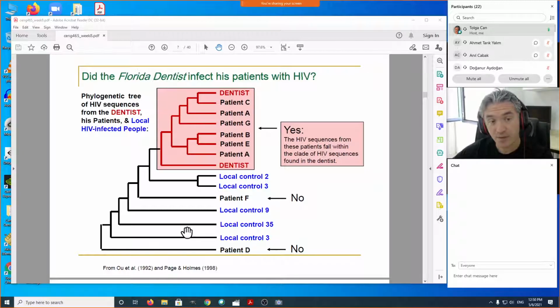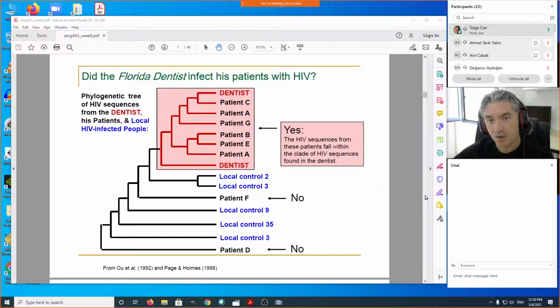There are also methods which work with non-numerical data or vector data, which list features, whether those features exist in a species or not. So these are like character matrices.